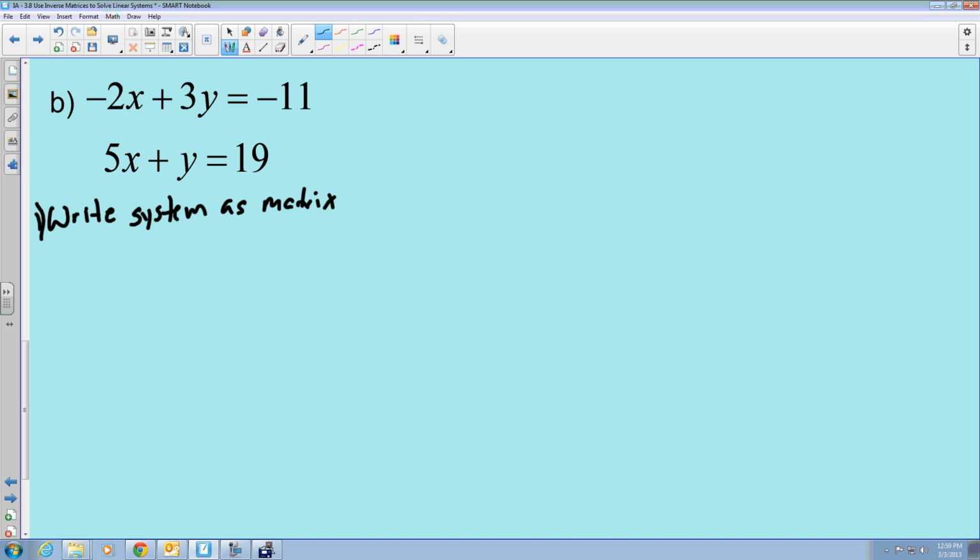First thing I want to do, like we talked about on top of the screen, is to have matrix A, the coefficient matrix. So we're just going to put down the coefficients: -2, 3, 5, and 1.